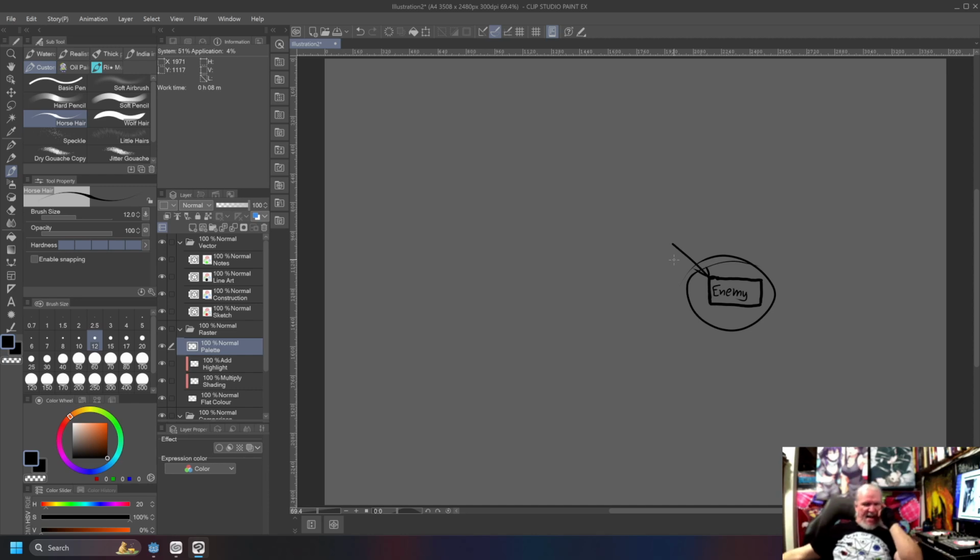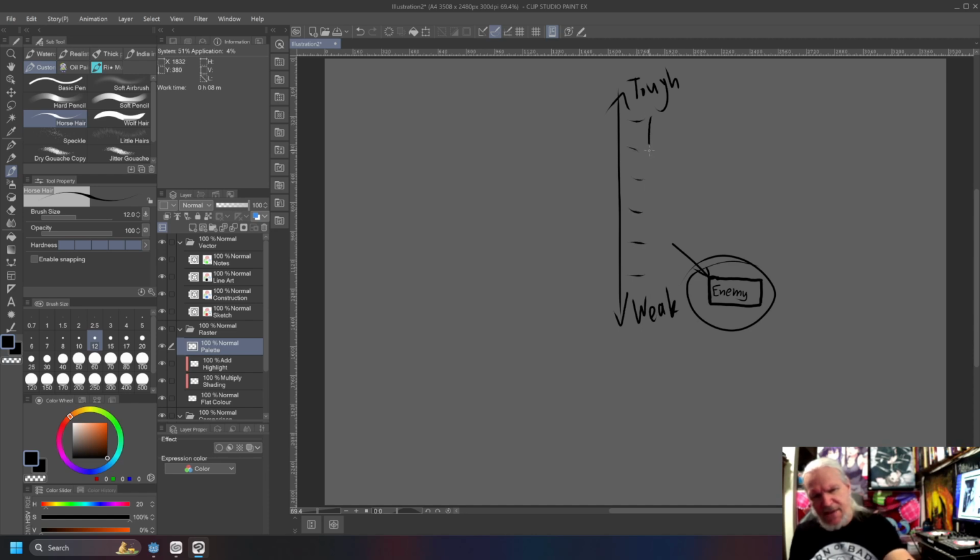So I'm thinking in terms of how does the enemy perform? How does the enemy act? What are the different types and layers of enemies? Because you have to have this hierarchy, this fundamental idea of a tough enemy and a weak enemy. You've got to scatter all of your different enemies in the middle there, and they have to be visually distinct.